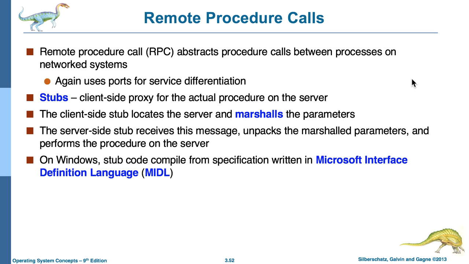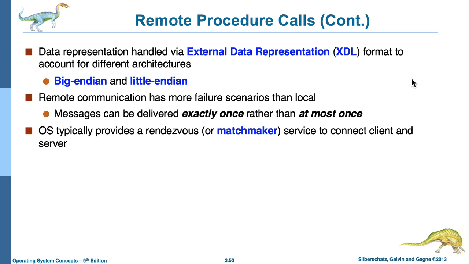Okay, let's continue. There are a few other important attributes when it comes to remote procedure calls. The first one is data representation. You are likely familiar from computer architecture with the differences between the big endian and the little endian architecture when it comes to CPUs. There is no preferred way, so to say. It's not to say that big endian is better than little endian.